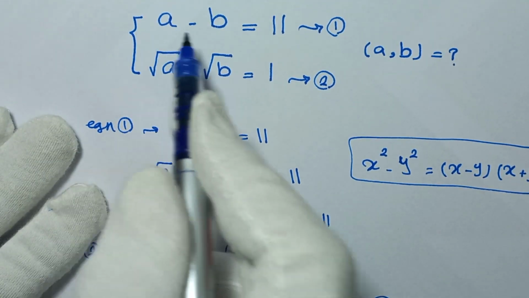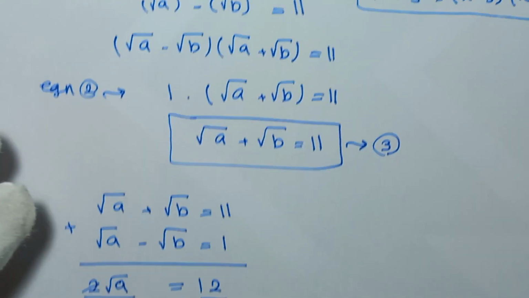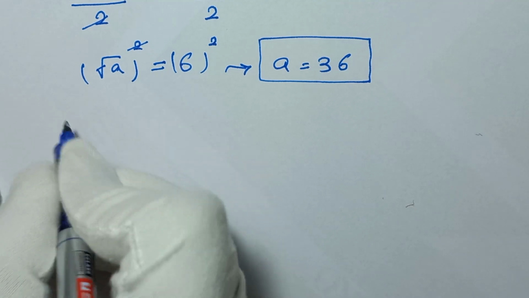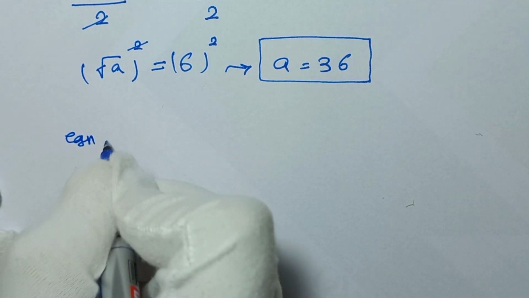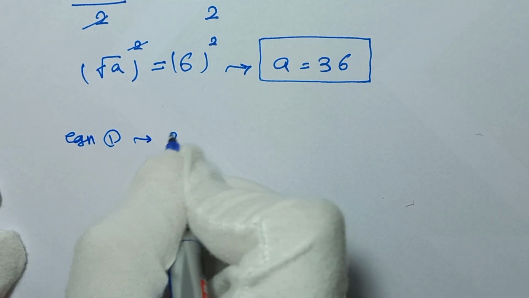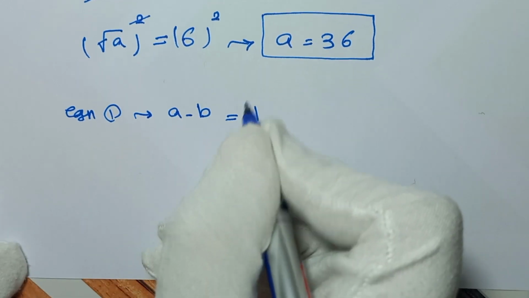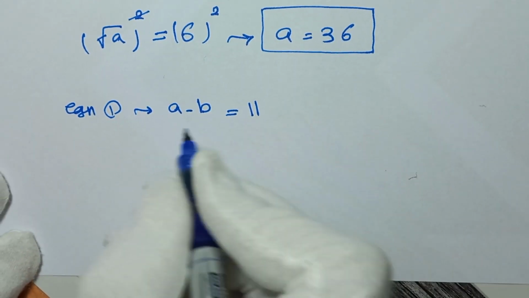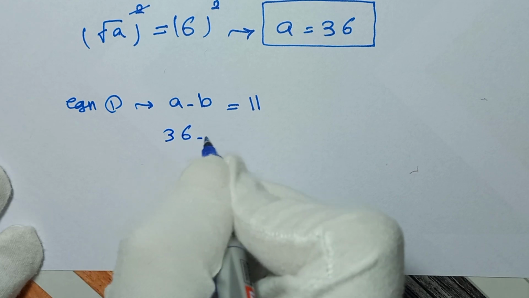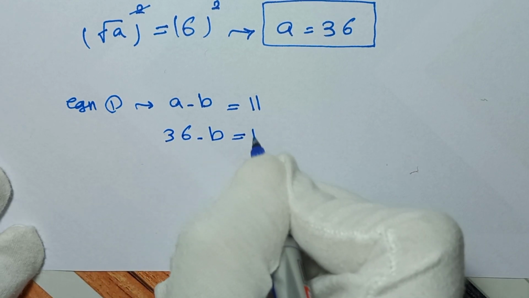a minus b is equal to 11. So we write, from equation number 1, a minus b is equal to 11, and a is 36, so we write 36 minus b is equal to 11.